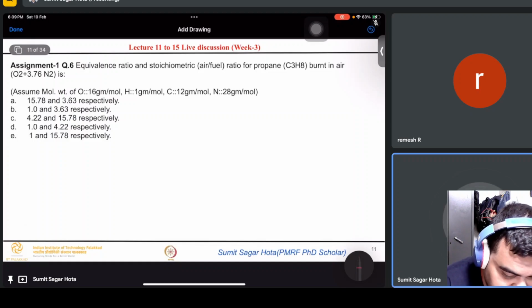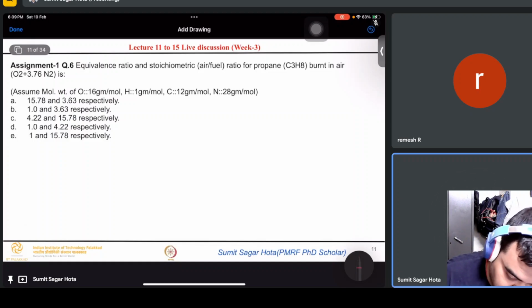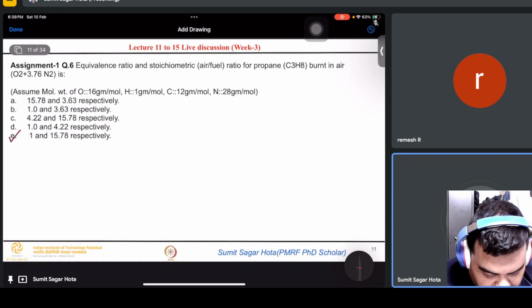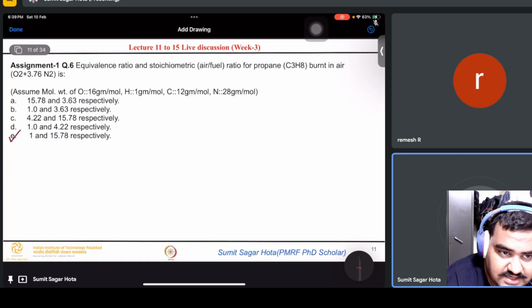Okay, regarding this, this option is not there. The answer, okay, this option is not there in your options in the assignment one question.